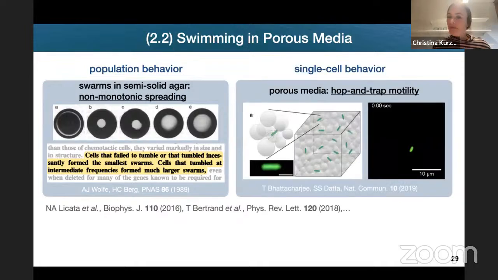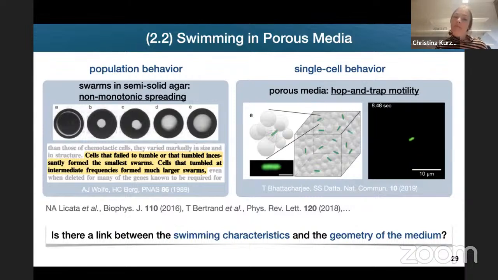So now, in the recent past, Tapomoy and Suchit did these beautiful experiments of looking inside the porous media, and they found that these cells perform this hop and trap motility, right? And this is now at the single cell behavior. So what we were interested in is how the dynamics of an individual cell inside this porous medium are related to the geometrical features of the medium, and can we, looking at that, predict what's the optimal spreading behavior?